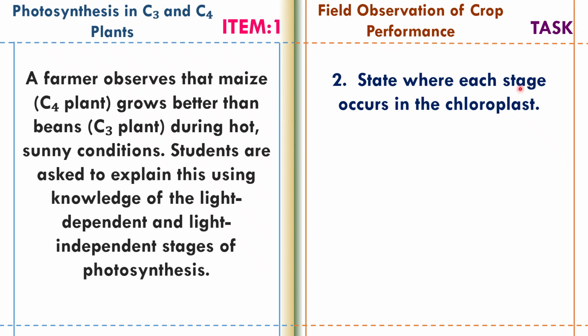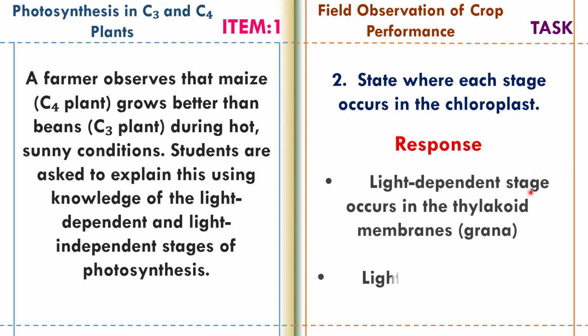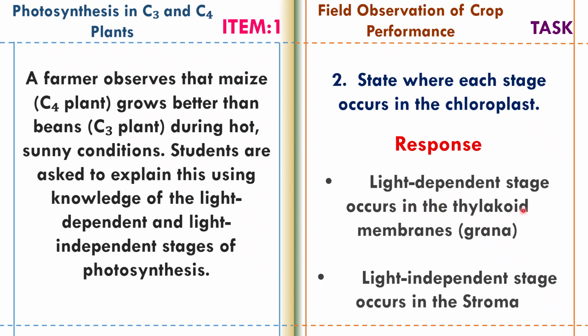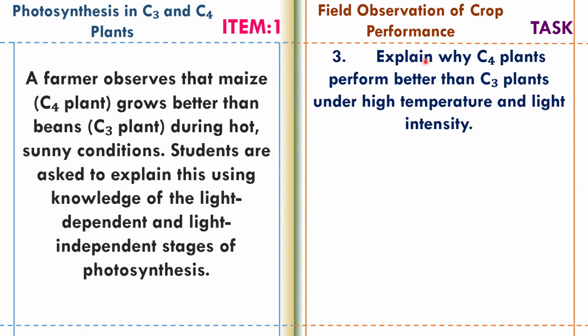State where each stage occurs in the chloroplast. Light-dependent stage occurs in the thylakoid membranes, which we refer to as the grana, and light-independent stage occurs in the stroma. Explain why C4 plants perform better than C3 plants under high temperature and light intensity.